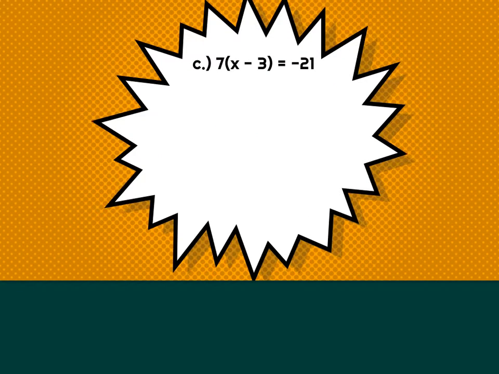7 times the quantity of x minus 3 equals negative 21. The first step is to distribute, and in this case we do have parentheses and we need to distribute. We will be sharing that 7. So if I do a circle, square, square equals negative 21, I can find out what goes in the circle and square. 7 is being shared, so that goes in each of the circles.